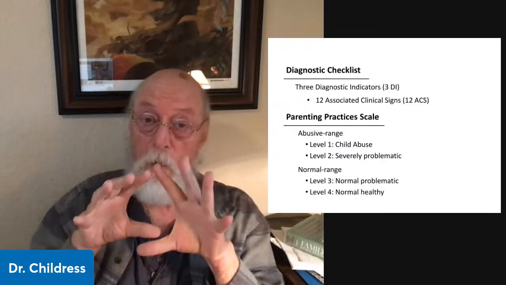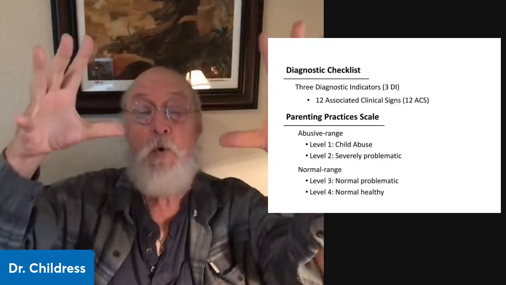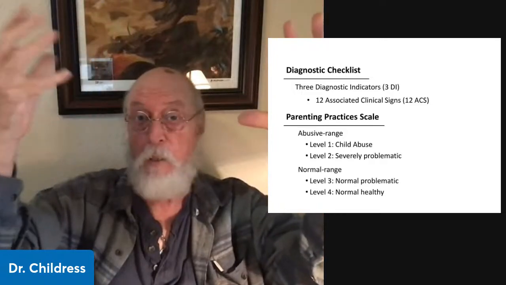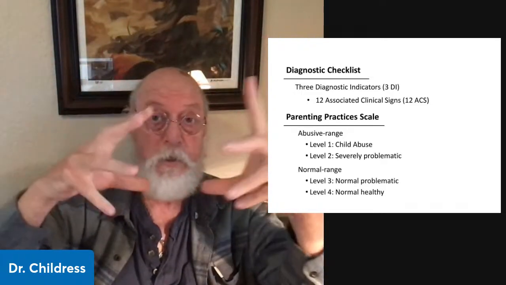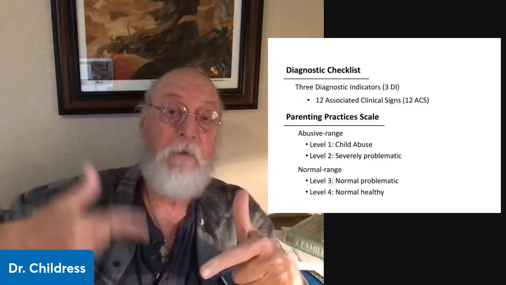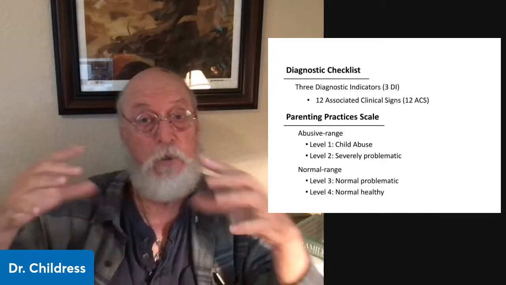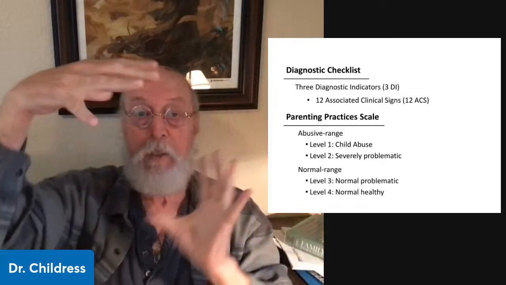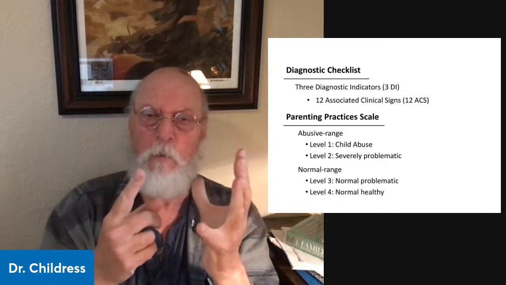Now, what I did though is I gave you not only that symptom, I gave you 2 additional symptoms. You're going to see the attachment pathology towards a normal range parent. That's your factitious disorder. And you're going to see the psychological control symptoms of symptom 2. In addition, I've given you 12 additional associated clinical signs. So you're going to see a whole constellation, not just the persecutory delusion, although it will be there.